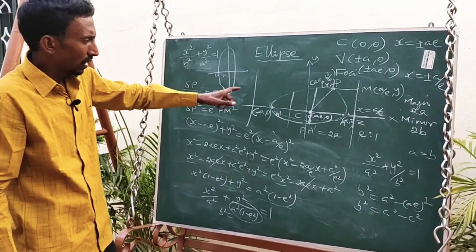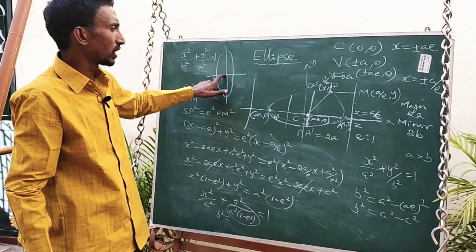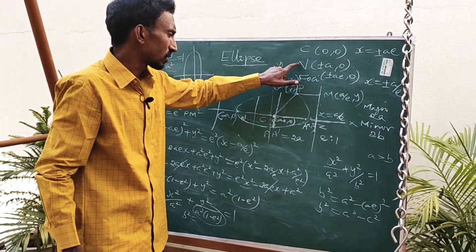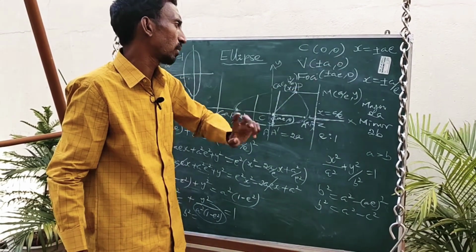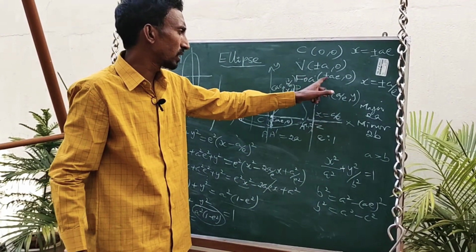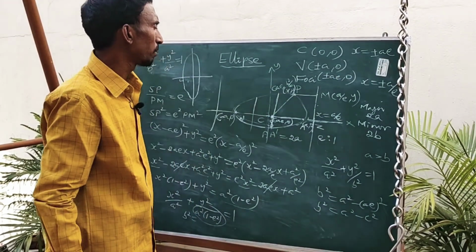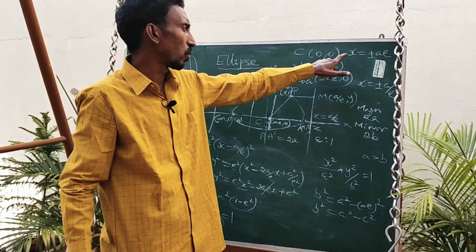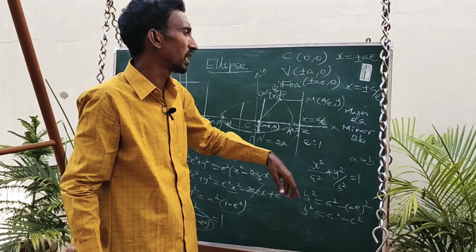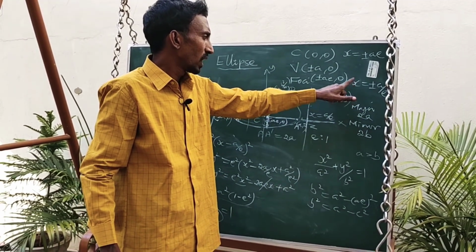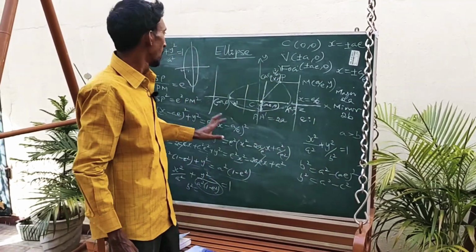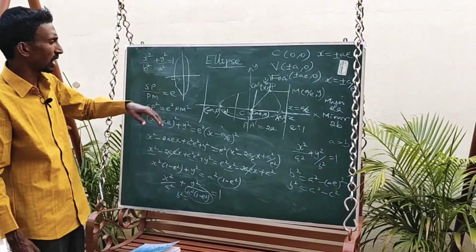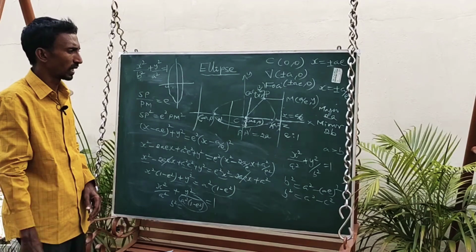Again the center is (0, 0) and the vertices are, just shifting to the y coordinate, (0, plus or minus a), and the foci are (0, plus or minus ae). The equations of the latus rectum are y equal to plus or minus ae, and the equations of the directrices are y equal to plus or minus a by e. The length of the latus rectum is the same, 2b square by a.